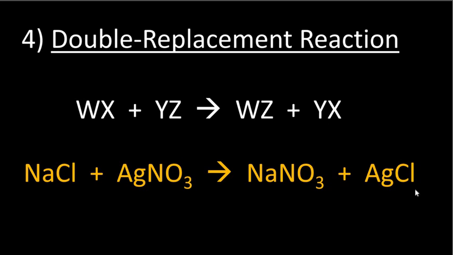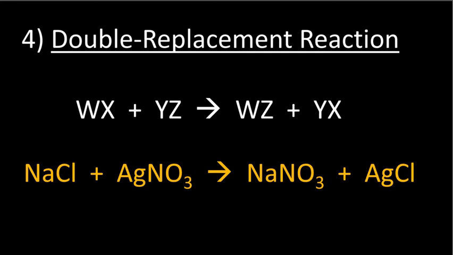Okay, so you have 4 different types of patterns here. You have decomposition, where things are coming apart. You have composition, where things are going together. You have single replacement, where one that is single switches places with one that is double.